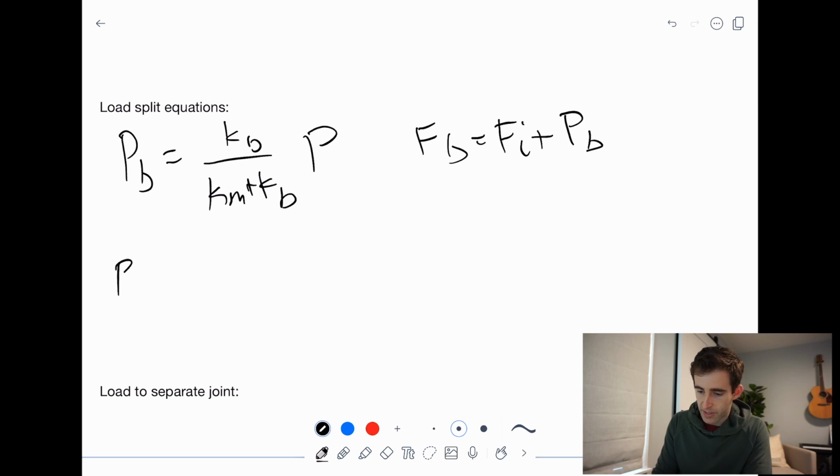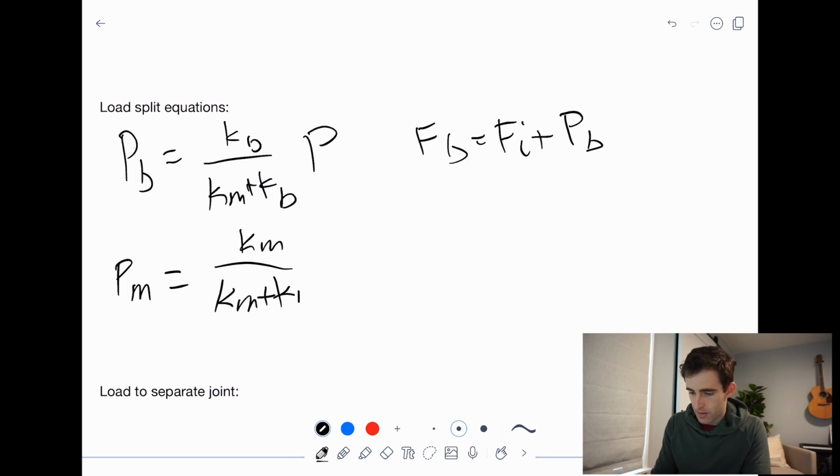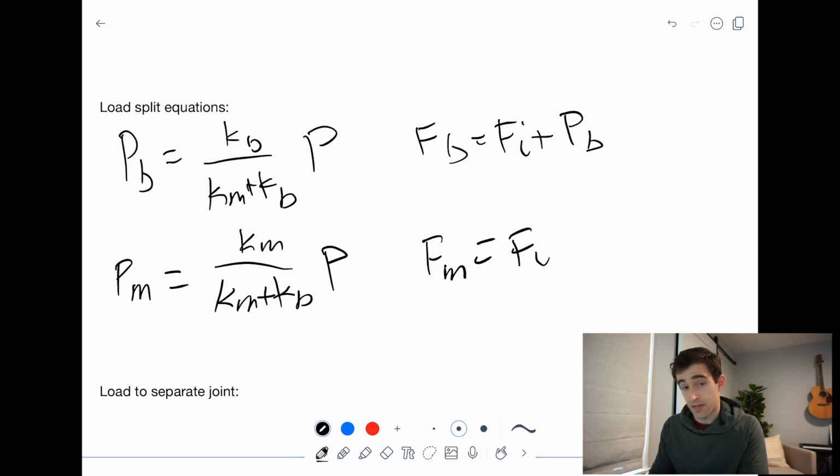And very similarly, we're going to have the same thing for the clamped material. This time we're interested in Km over Km plus Kb, where the force in the clamped material is the preload minus the load in the clamped material.